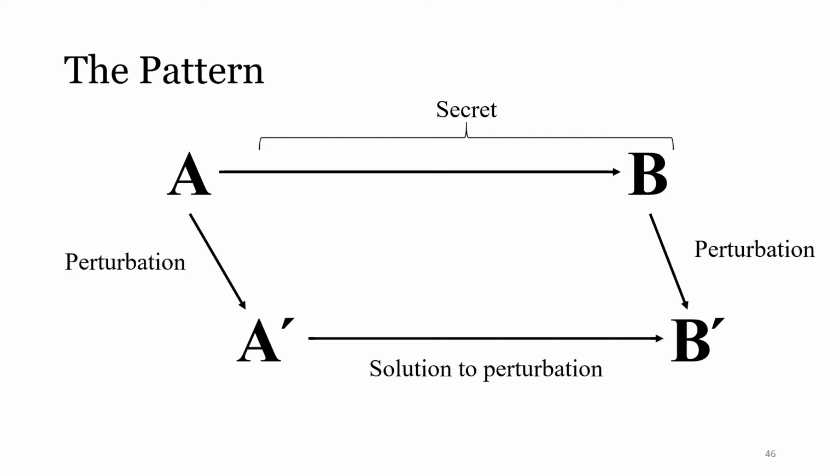This is a chart to explain what I just said. We have A on the top left, and that represents our unsolved graph. The secret that we're trying to keep is the solution to that graph, namely the Hamiltonian path, and that we can call B. So we come up with a permutation, and it brings us to a permuted graph. Call it A prime.